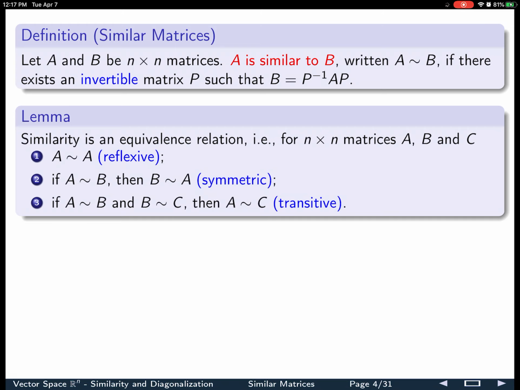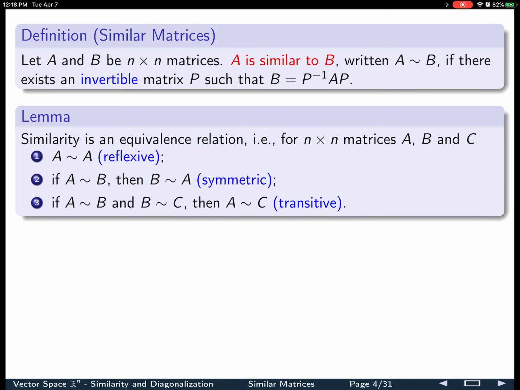If we had all of the fractions laid out on a table, we could put all the fractions that are equivalent to 1/2, 2/4, 3/6, 4/8, in a pile, and that would be an equivalence class. Similarly with matrices, we're able to group them up into equivalence classes based on this equivalence relation.